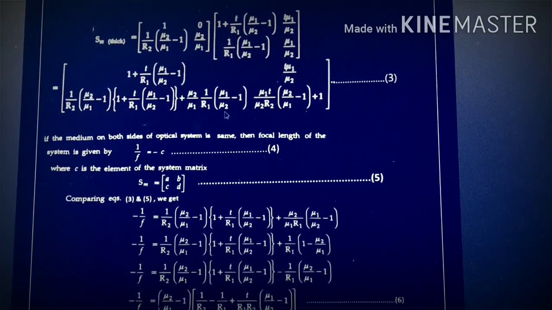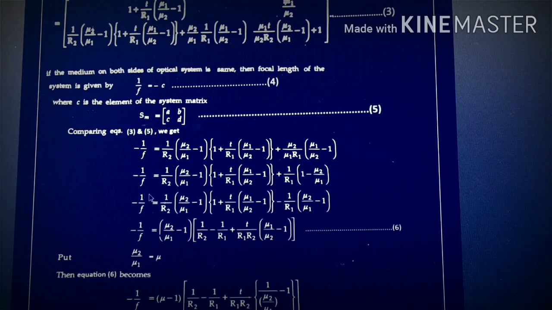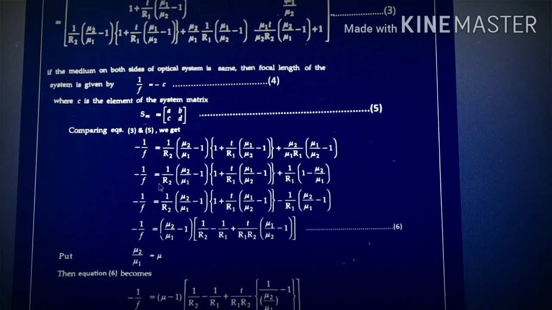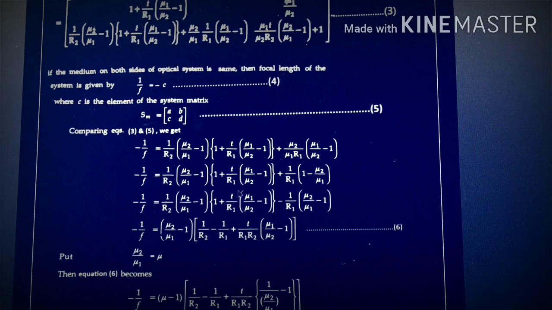So minus 1 by f is this: 1 by r2 into mu2 by mu1 minus 1 into 1 plus t by r1 into mu1 by mu2 minus 1, plus mu2 by mu1 into 1 by r1 into mu1 by mu2 minus 1. This is the value. So minus 1 by f equals 1 by r2 into mu2 by mu1 minus 1 into 1 plus t by r1 into mu1 by mu2 minus 1.